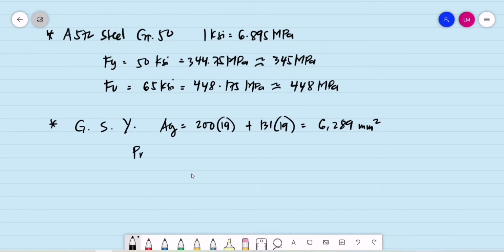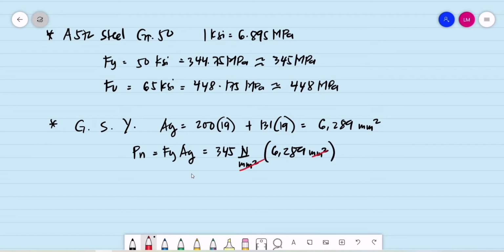So we have the nominal strength equal to Fy multiplied by the gross area. So what is our Fy? 345 megapascals or newtons per square millimeter. Our gross area is 6,289 square millimeters. So we can cancel the mm. As you can see, the remaining unit will be in terms of newtons. So we multiply by 1 kilonewton per 1,000 newtons for our answer to be in kilonewtons.